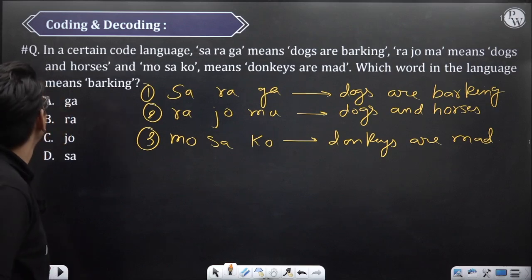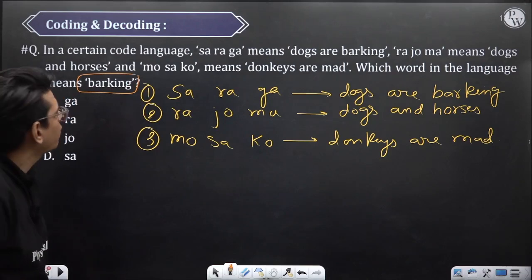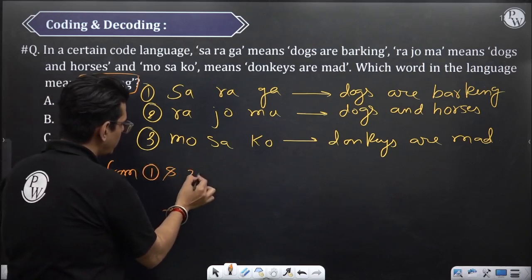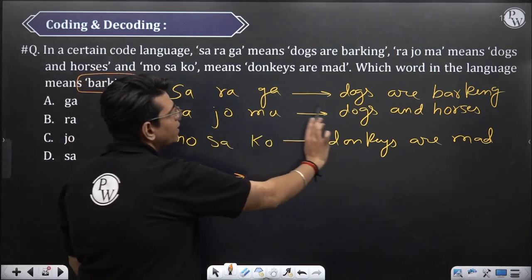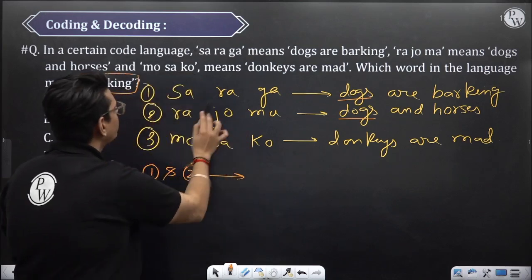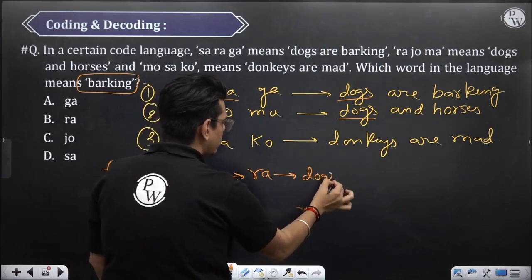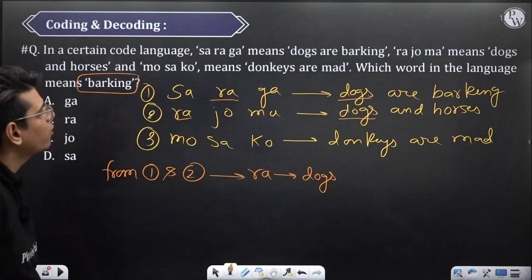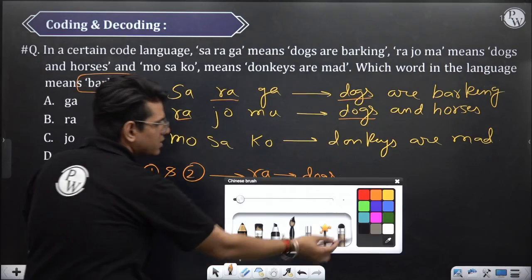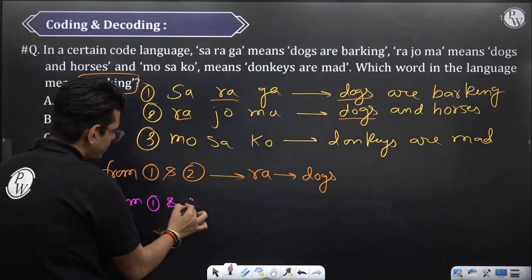I need to find barking. So from 1 and 2, dogs is common here, and here we have ra common. So ra is dogs. Now I need to find what is are.